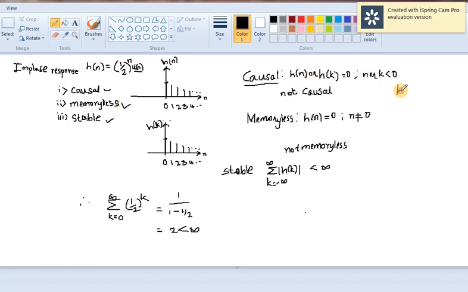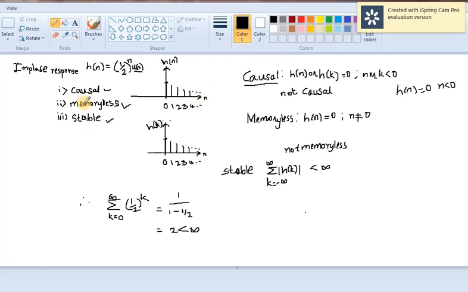So we can write it with respect to k or n: h of n or h of k is equal to 0 for n or k less than 0. So this condition, h of n equal to 0 for n less than 0, is satisfied. So we can say it is causal.